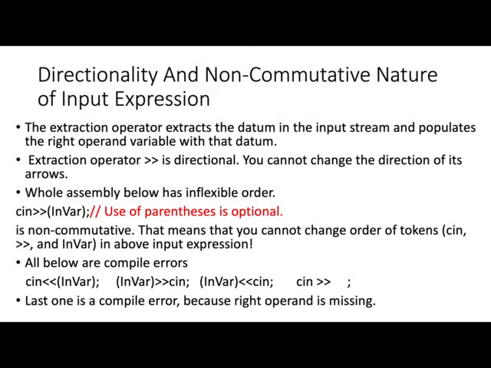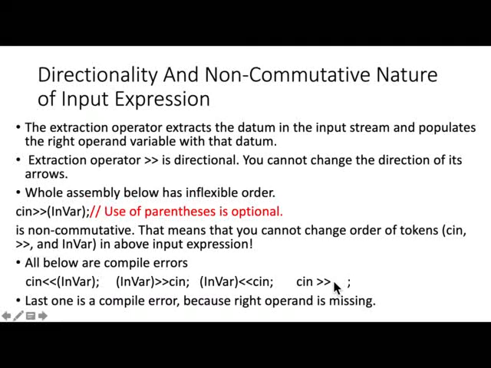Last one is a compile error because the right operand is missing. So this is not the extraction operator. Here, switching of cin from left to right is not allowed, and missing an operand is not allowed.